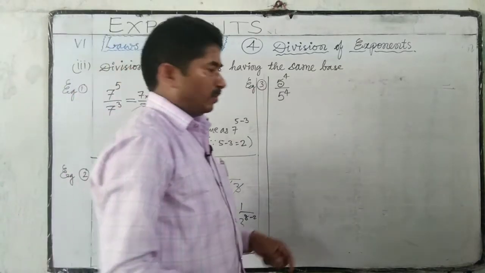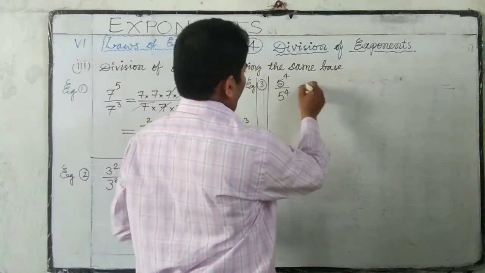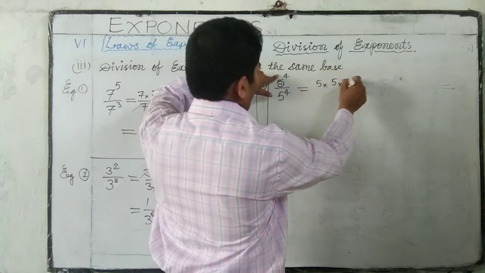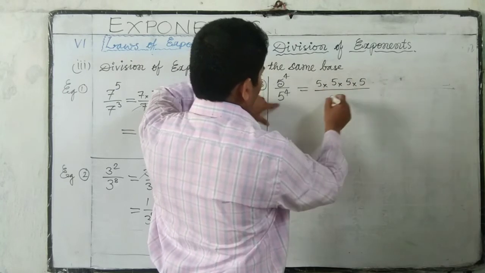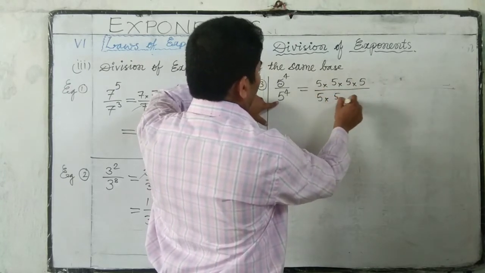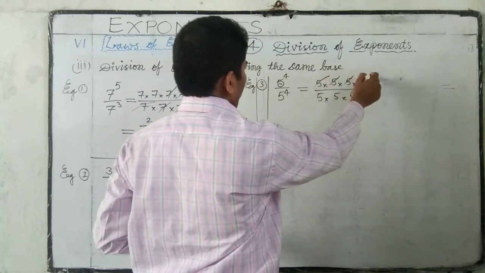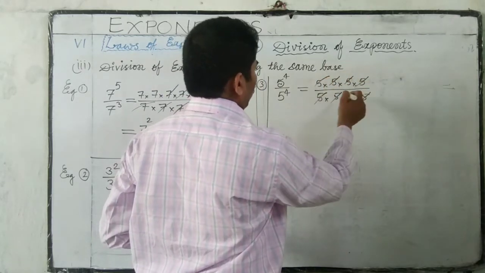Next, the third example: 5 to the power of 4 divided by 5 to the power of 4. 5 four times, 5 four times: 1, 2, 3, 4, 1, 2, 3, 4.